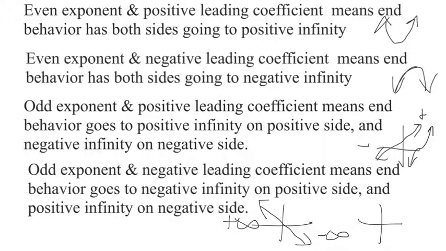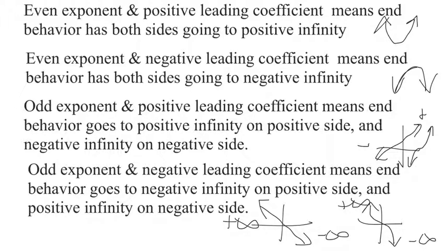Looking at the x cubed, if I had a negative coefficient on the x cubed, it would look something like this, where it would go to negative infinity on this side and to positive infinity on this side, the opposite of what it was when we had a positive coefficient.